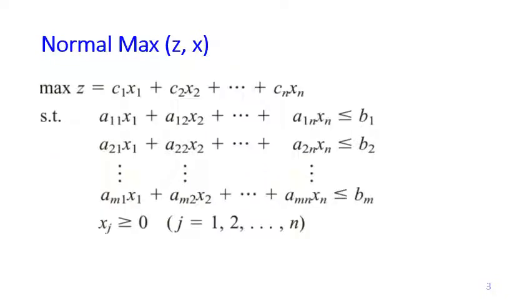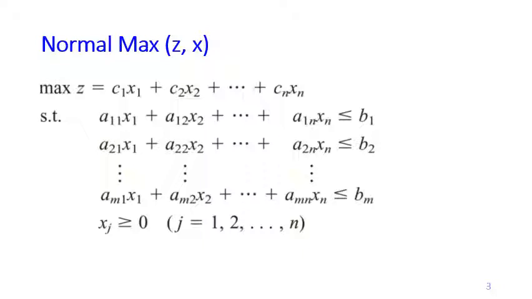Before talking about how to find the dual linear programming, let's start by discussing what is a normal maximization problem. Later, I will also talk about the normal minimization problem, but let's start with maximization.